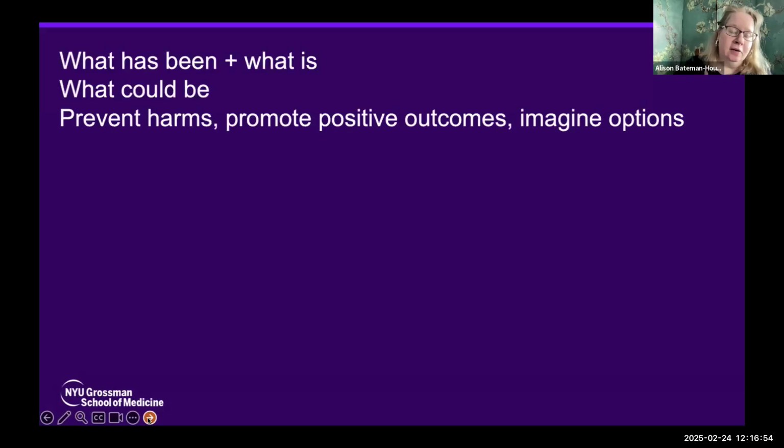So what I consider my job to be is to think about what has been done in the name of research and scientific advancement and patient well-being, and what is being done right now, and then to think forward about what could be, both good, bad, indifferent, just, what could be done. And then how can we intervene now to prevent harms, to promote positive outcomes, and just to be creative and imaginative, not taking things for granted, but trying to think, what can we do?